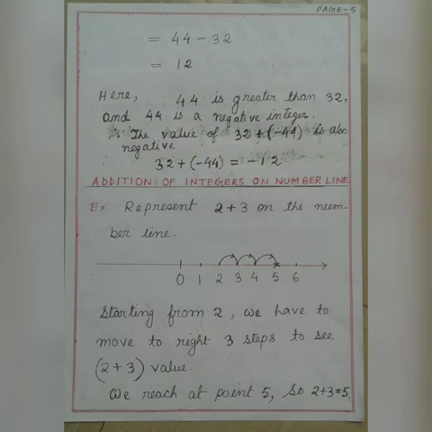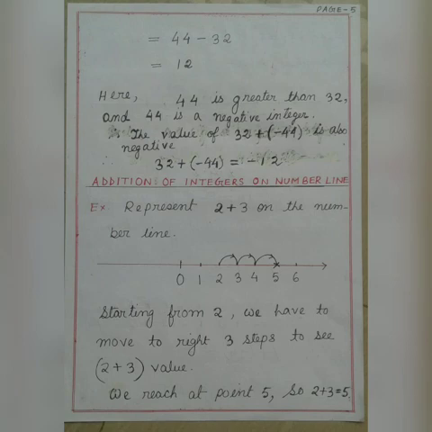Therefore, the result will be a negative number. So we shall have to put a minus sign before the result of subtraction 44 minus 32. 44 minus 32 we got 12. So before 12 we have to give a minus sign, and 32 plus minus 44 is equal to minus 12.